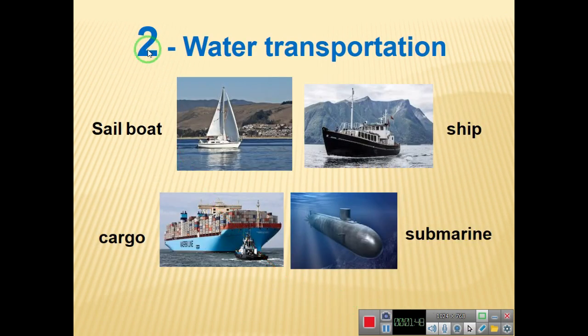The second type is water transportation. Water transportation. Like the sailboat. We can use the sailboat to move on the sea. Yes, sailboat. If you need something bigger, you can use the ship.